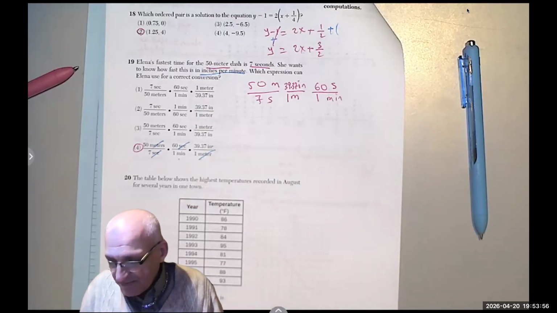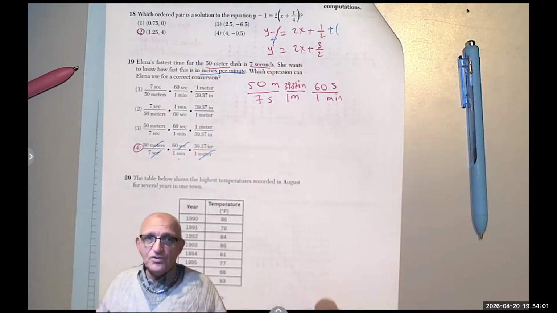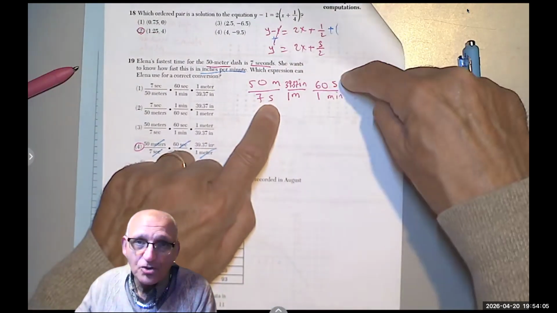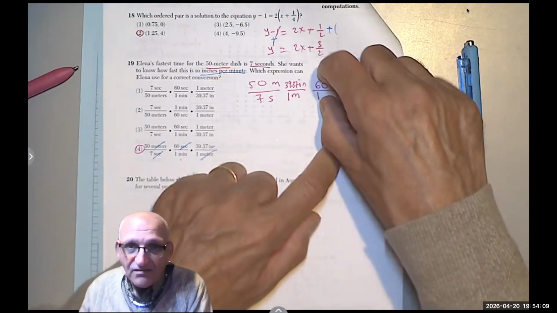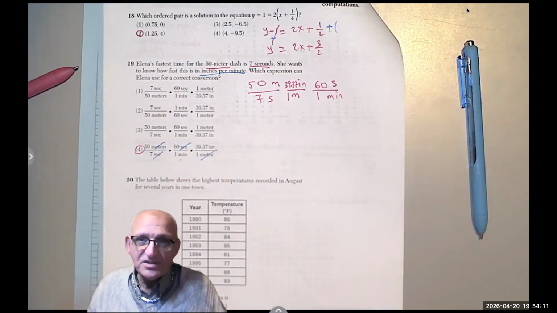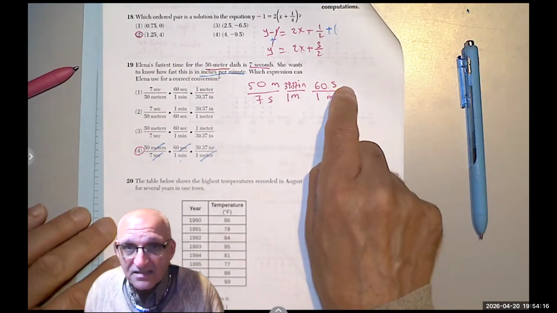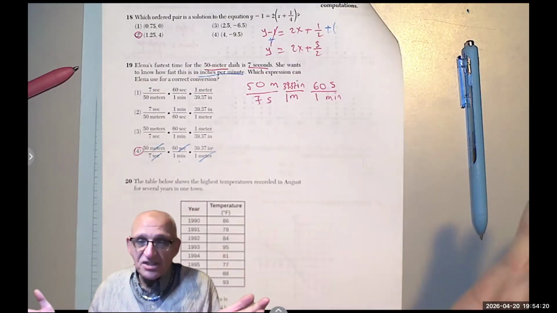If the minute or if the second is in the numerator, you put it in the denominator. If it is in the denominator, you put it in the numerator. And then you bring the unit you want and find the relation between them. Everybody knows that a minute is 60 seconds. You write 1 minute here and 60 seconds because now you are multiplying by 1. You are not changing the quantity.